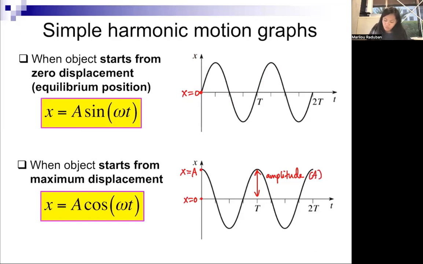So notice how the object started from its maximum displacement, the amplitude, and then it oscillates about the equilibrium position. For such a graph, the mathematical equation that describes it is amplitude times cosine of omega times t. Right.